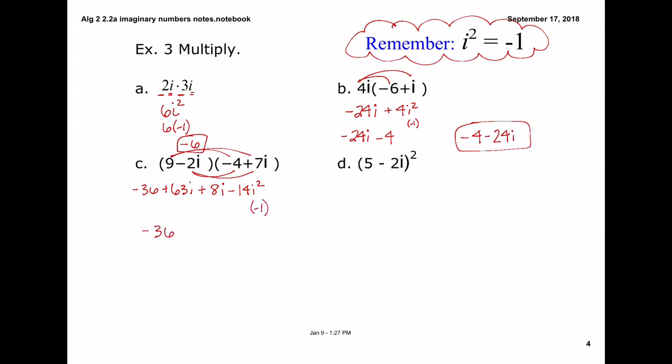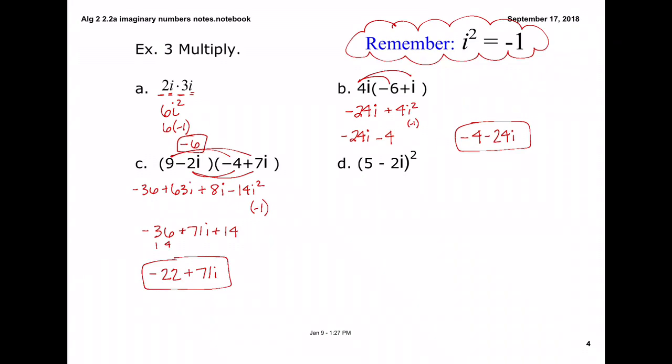Negative 36, 63 plus 8 is 71i. Negative 1 times negative 14 gives us a positive 14. Negative 36 plus 14 gives us a negative 22 plus 71i.